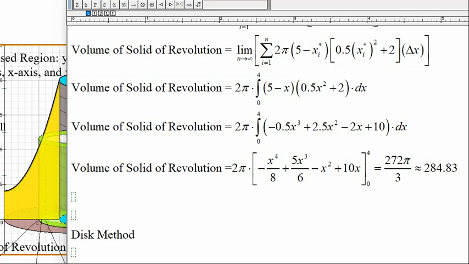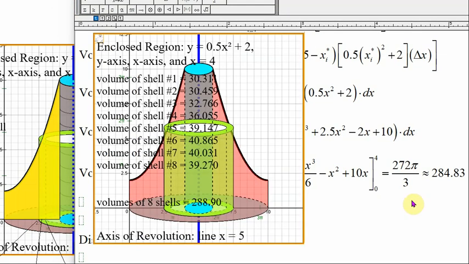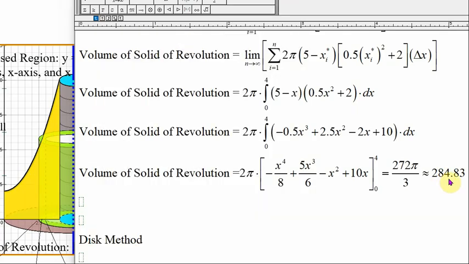Recall that at the beginning of the video, when I divided the solid of revolution into 4 shells, the total volume of the 4 shells was 288, and here we got 284.83.